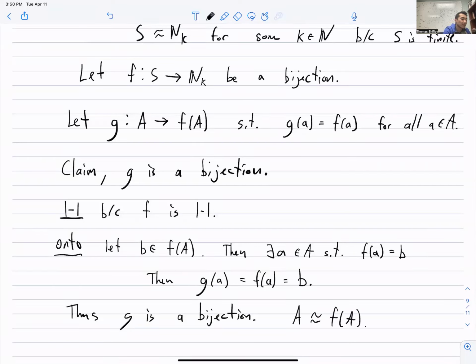So why did we do this? Well, because we want to put A inside a subset of the natural numbers, because F of A lives in a subset of the natural numbers.